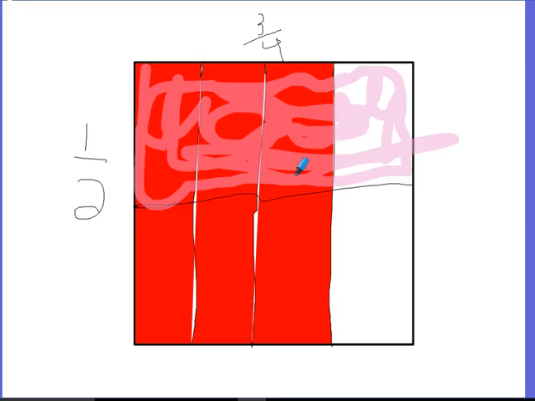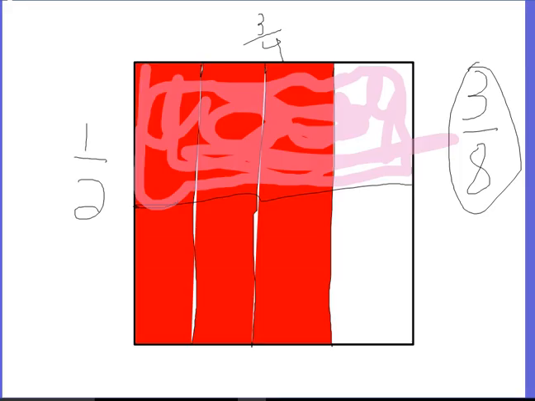Well, how many do we have all together in this whole section of land? We have to count. 1, 2, 3, 4, 5, 6, 7, 8. So we had how many shaded? 3 out of 8 is planted in potatoes.